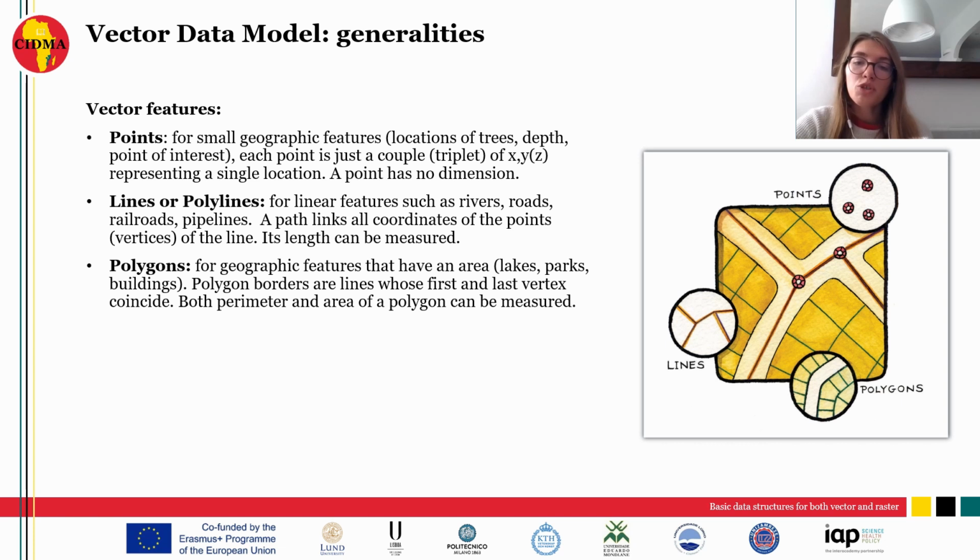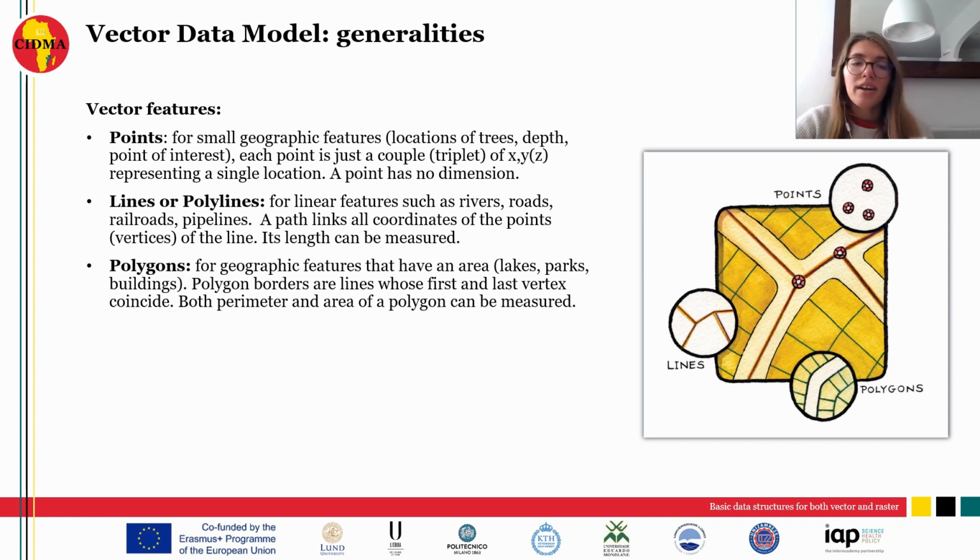And each point is defined by just a couple, or maybe a triplet for the 3D case, of X, Y, and Z coordinates, representing a single location. Therefore, points have no dimension, so if I take, for example, my roundabout that is represented with a point, on the map I can no longer see its area or its shape.